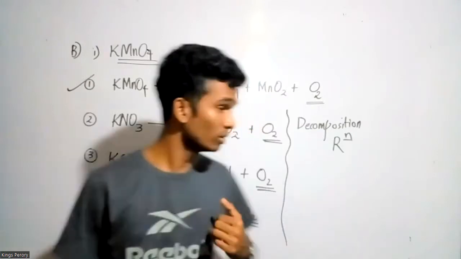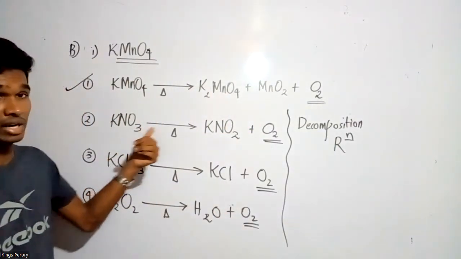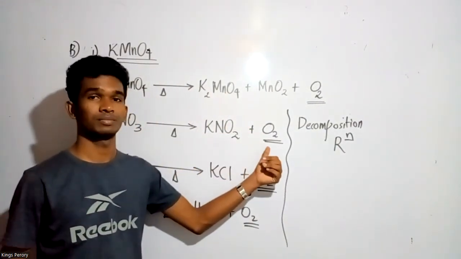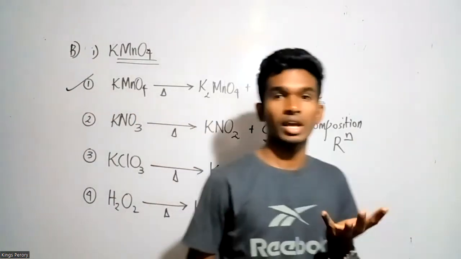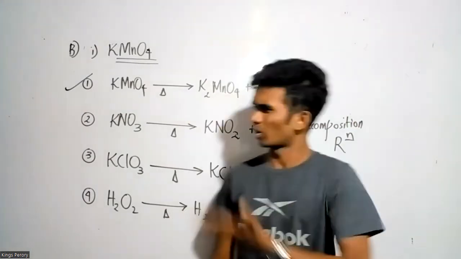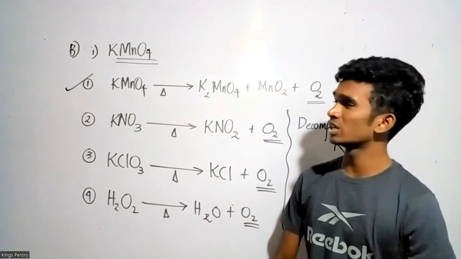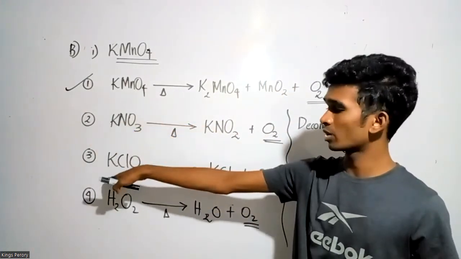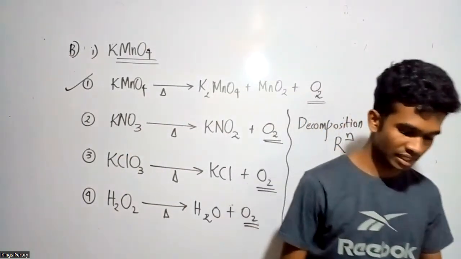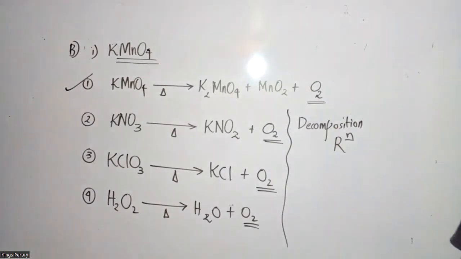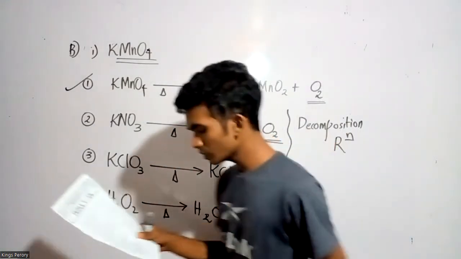They might give you 'potassium nitrate decomposes' and a blank, and then you should be able to write this. So I recommend you memorize these 4 reactions. All are decompositions, so just memorize and keep them.